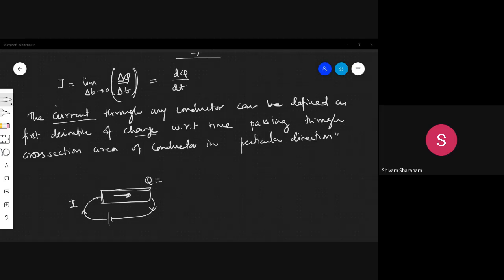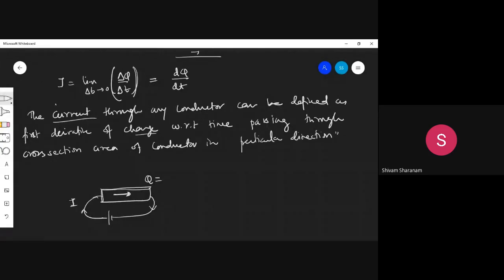See, we are connecting two things, right? We are connecting a metal or conductor which is completely neutral. Whatever free electrons are there, the same amount of ions are present in this. If you have a battery, in the battery also the same amount of positive and negative charge is there, and then you are connecting them.